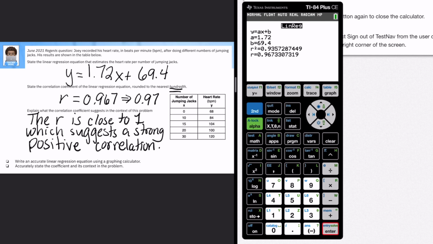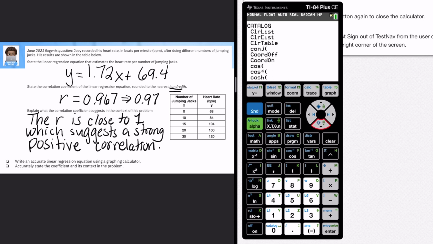I will say that the first time I did this, I didn't see R and I started freaking out. I was like, where is it? So if you do this and you only see the A, B, and no R, then you would hit second, this blue button, and over to 0 catalog. You're going to have to go all the way down until you find diagnostic on.